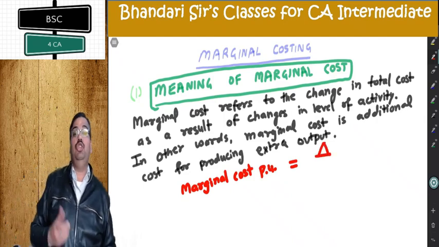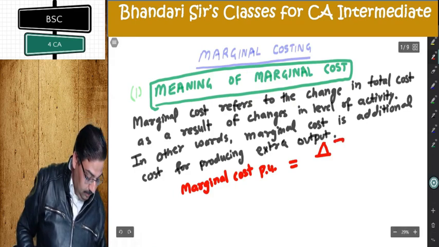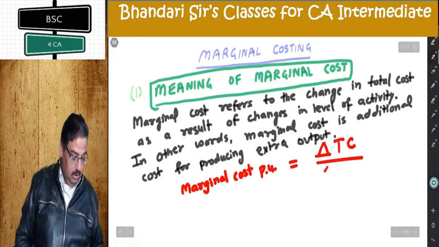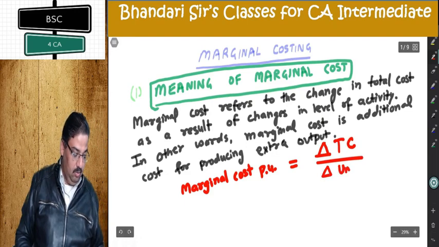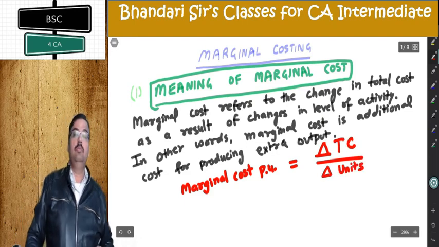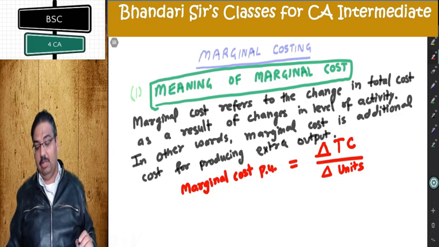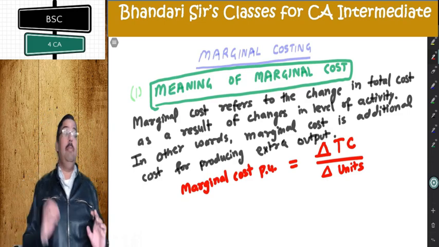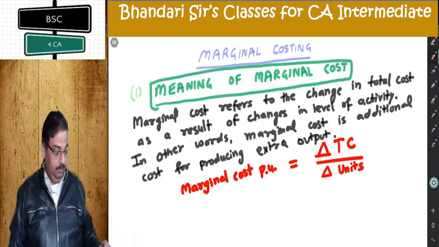What is delta? Change. Delta TC, that is total cost, divided by delta units. Change in total cost divided by change in units. That gives you marginal cost per unit. This was an economics concept which is applicable.